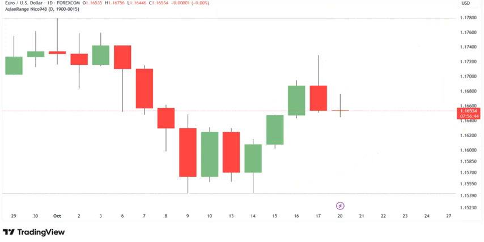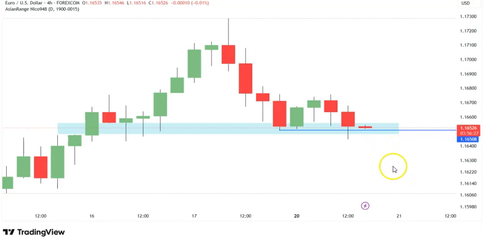Now if we move on to the 4-hour time frame, what you notice here is that price formed this sell side liquidity. The previous 4-hour lows stand there as sell side liquidity, as a support, and we also had this bullish 4-hour imbalance, visible between those three candles.